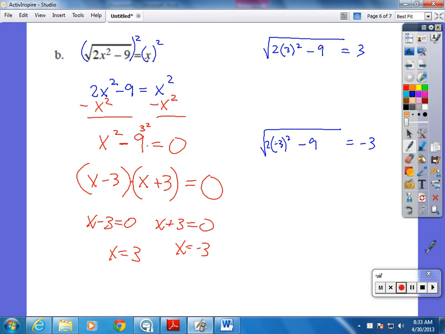They both check? No. They don't? The bottom one doesn't? Are you sure? 9 times 2 is 18. 18 minus 9 is 9. Square root of 9 could be 3 or -3, right? So it does check. Okay? All right.